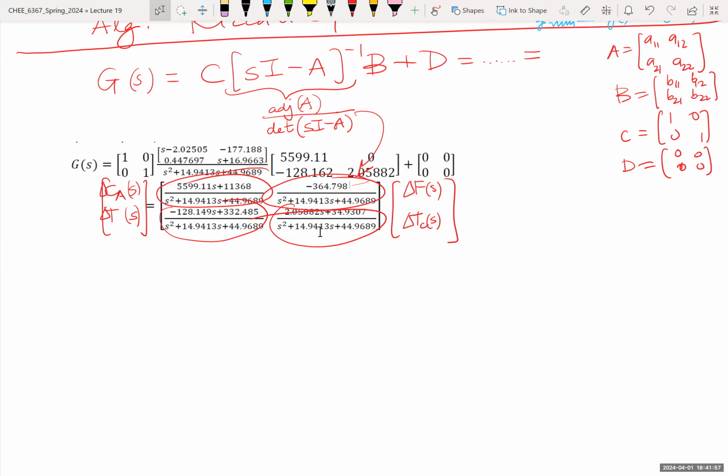What can you observe about the numerators of these 4 transfer functions? Just an obvious observation. What kind of polynomials are they? Second order. First order, all 3 except this one, which doesn't have a numerator, right?